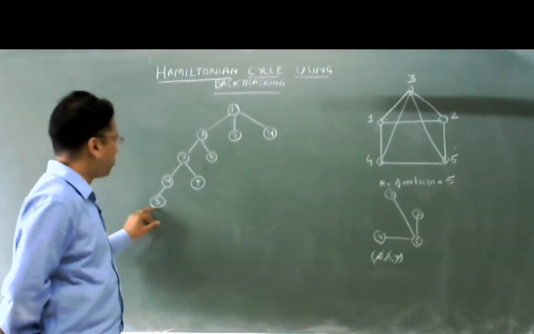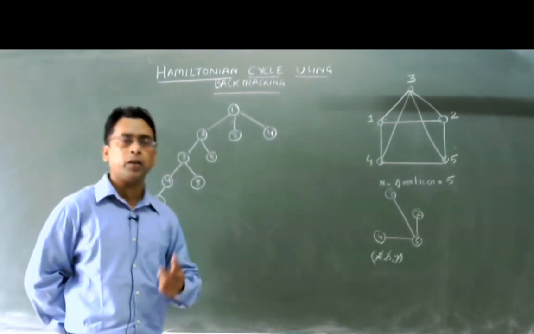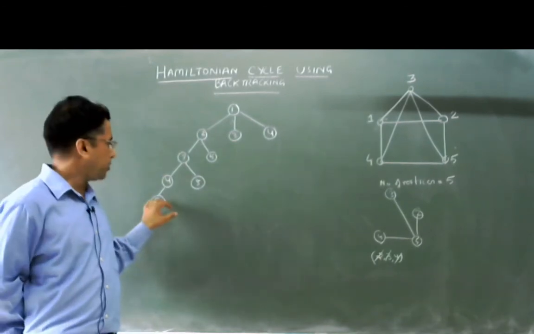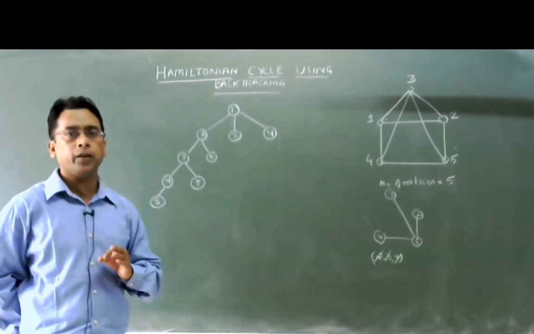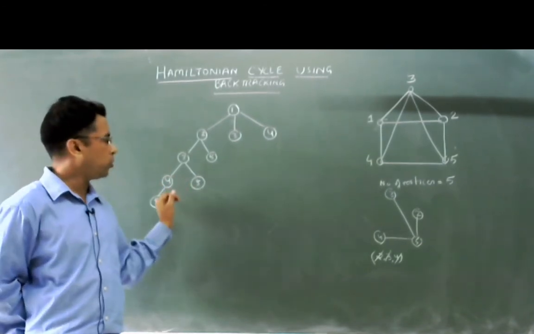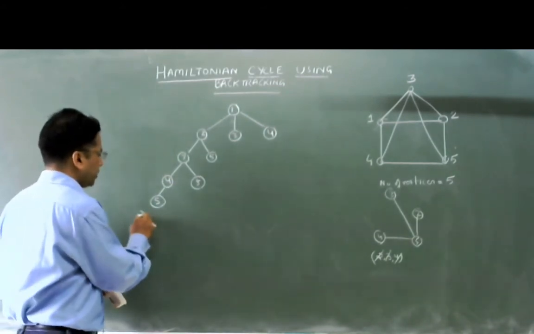So there is no path to move back to create a circuit. We have to go back to the origin position, but here there is no path available that moves back to node number 1. So this is the dead end.